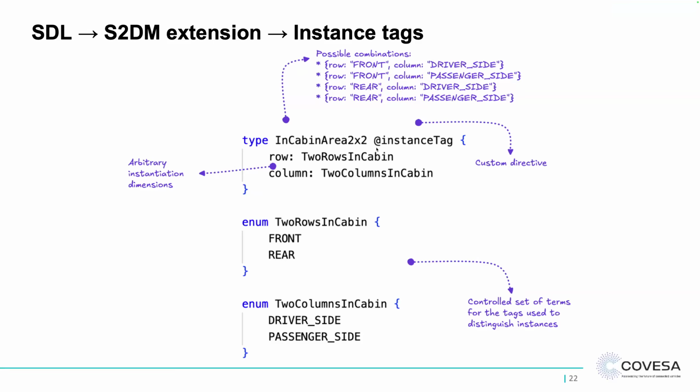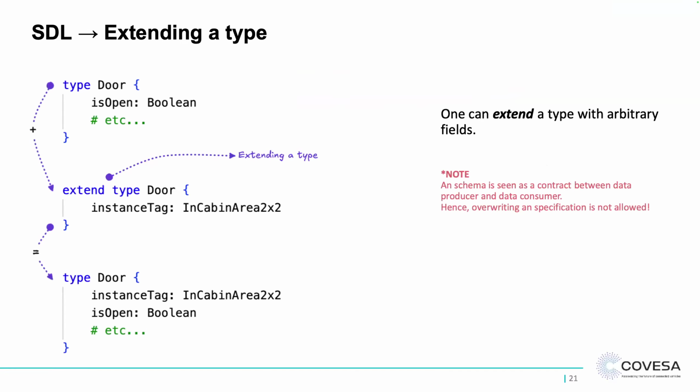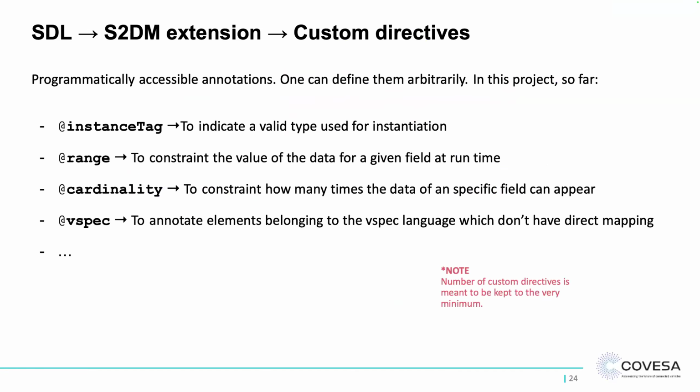The instance tag is how you specify it. Is that part of GraphQL or is that an extension? It's a custom extension. Is it coming from the S2DM? No, we are defining it in the GraphQL itself. In GraphQL, you can define custom annotations. Yes, they are programmatically accessible. So those are annotations on the schema language.